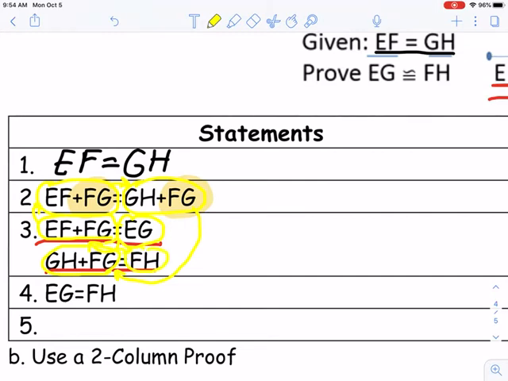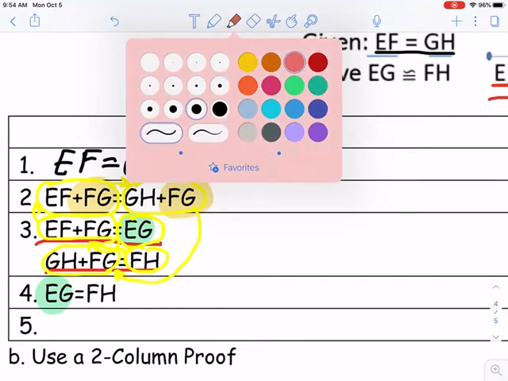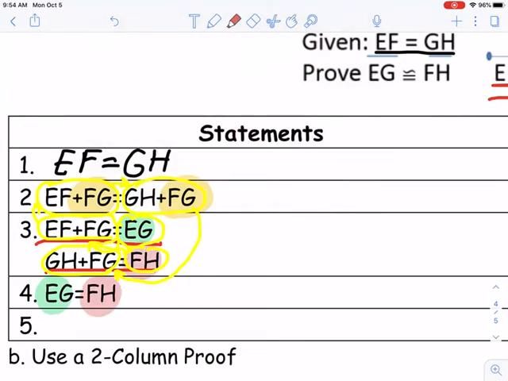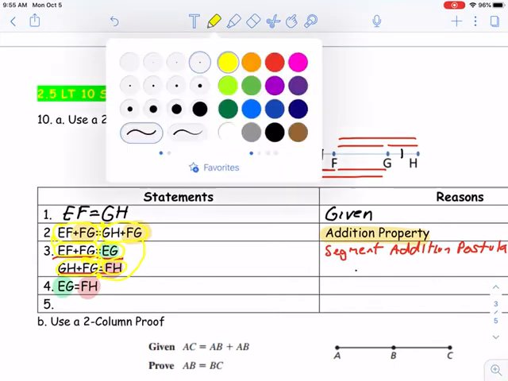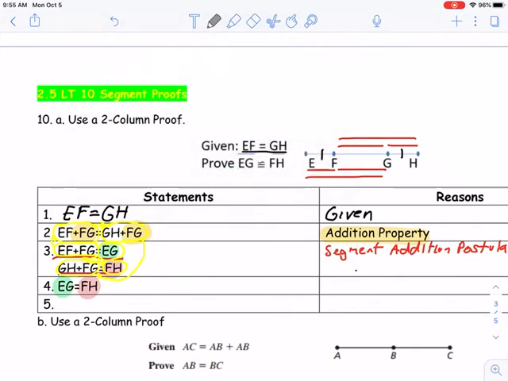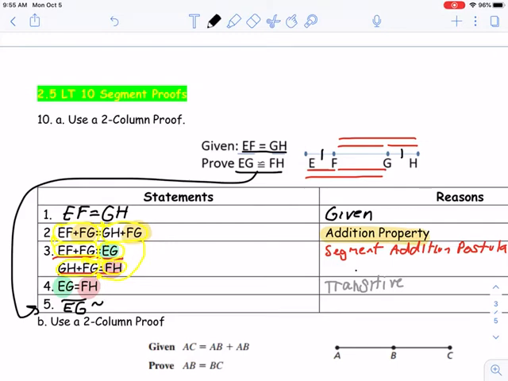I can go from EG all the way to FH because a series of statements are equal to each other. So transitive. And then where I want to end up is saying the two segments are congruent to each other. EG is congruent to FH.